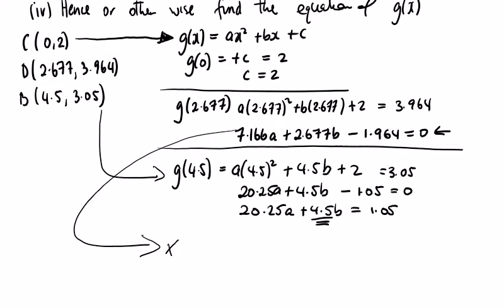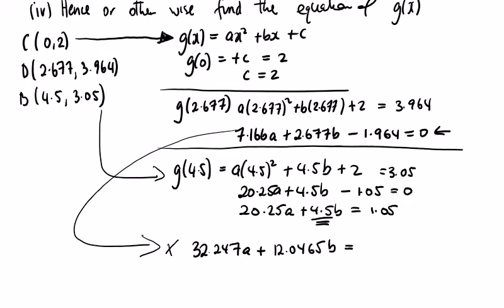So 7.166 by 4.5 is going to give me 32.247. That's a, plus 2.677 by 4.5 is 12.0465. That's times b.